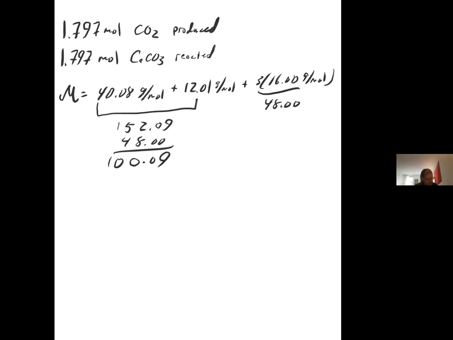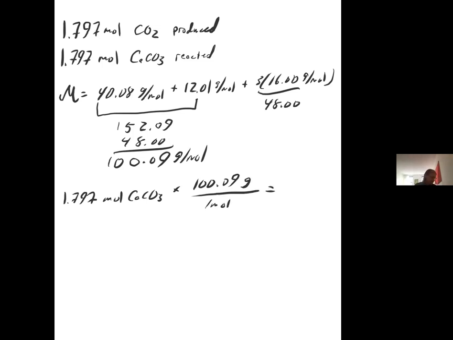100.09. Okay. All right. So again, if you have the number of moles and you want to find the mass, you multiply by the molar mass. So 1.797 moles of calcium carbonate times 100.09 grams per mole. And that's calcium carbonate. So boy, it's 179.7 grams, right?